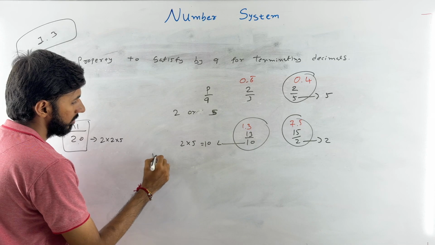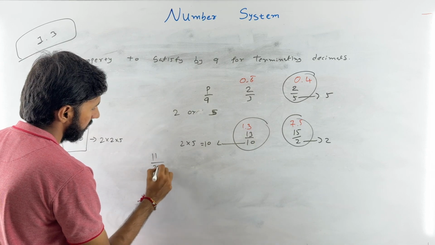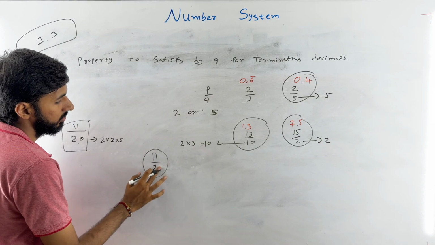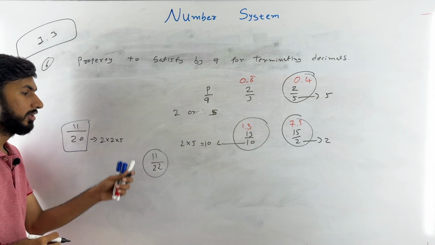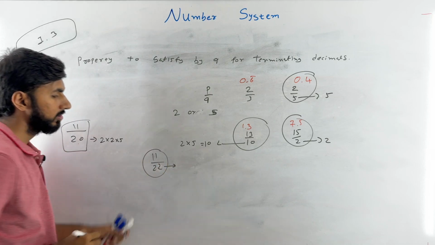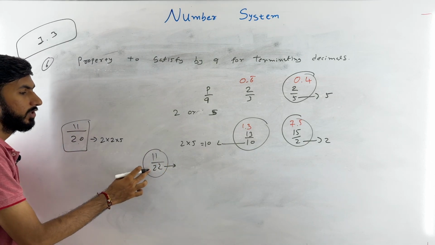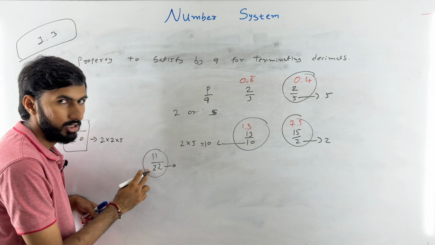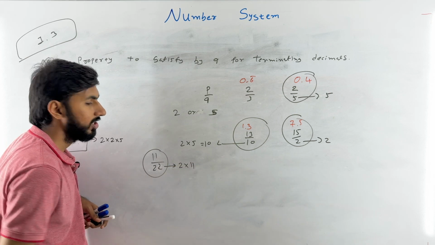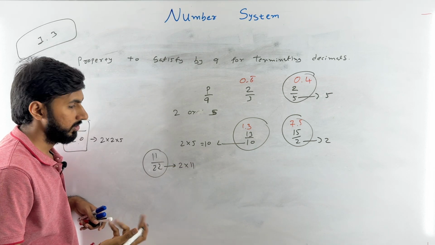If any other number like 11 by 22, I want to check whether this is terminating or not. If I do prime factorization of the denominator, that is 22, the prime factorization of 22 is 2 multiply 11, no other factor.